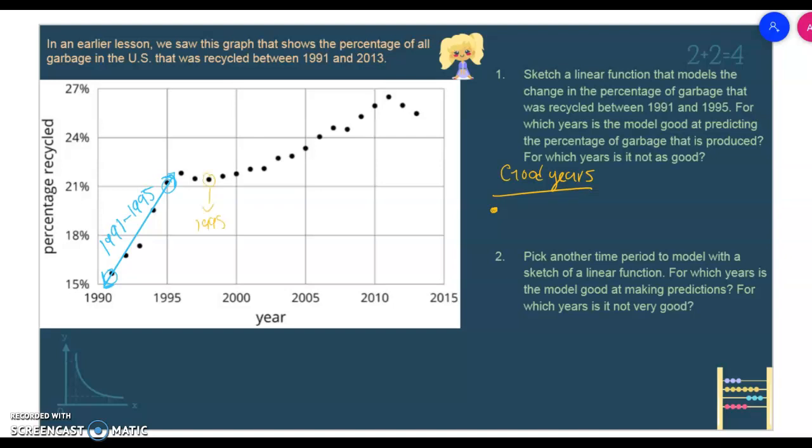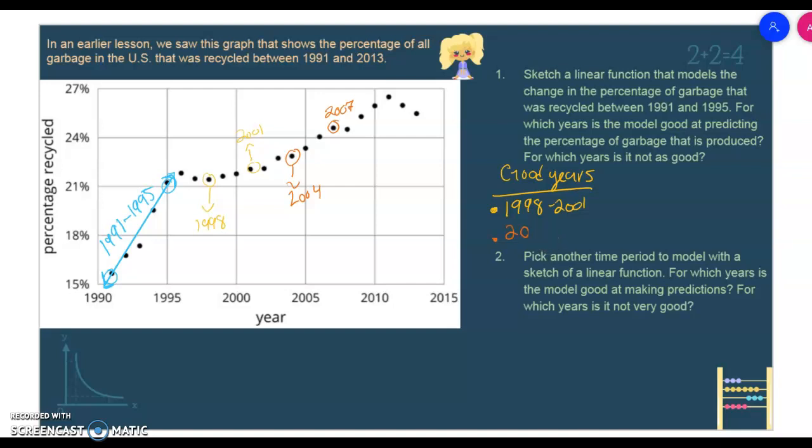So 1998 to maybe about right here, 2001. So 1998 to 2001. And then I could say another year would possibly be 2004 to maybe 4, 5, 6, 7. Somewhere in there. Now there could be a lot of possibilities.